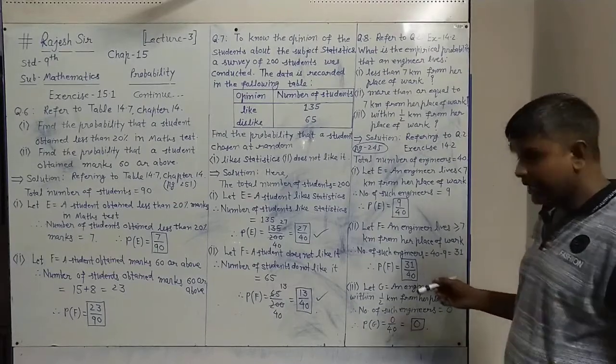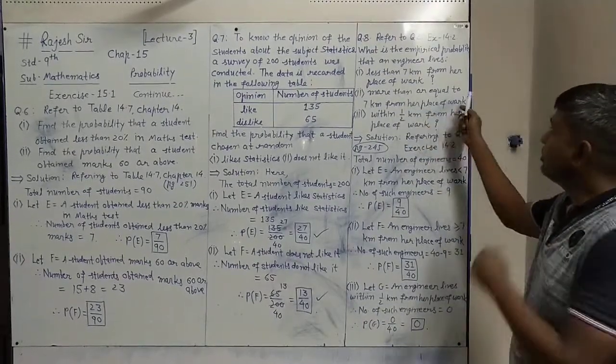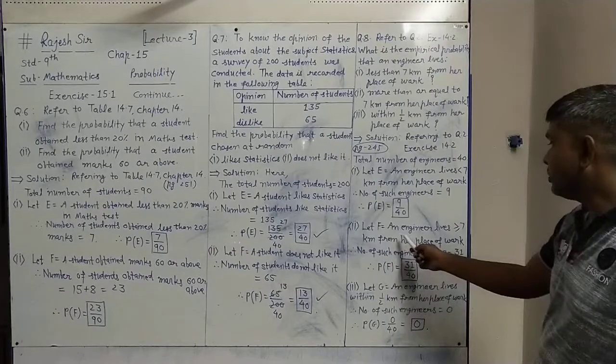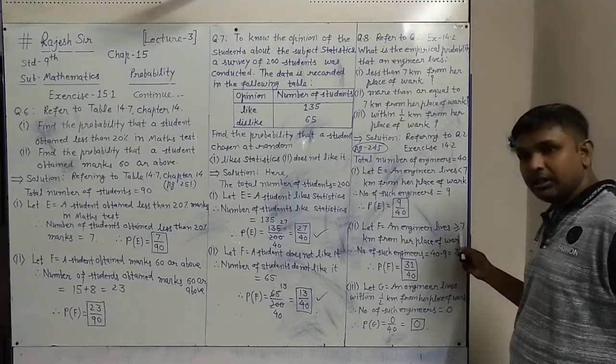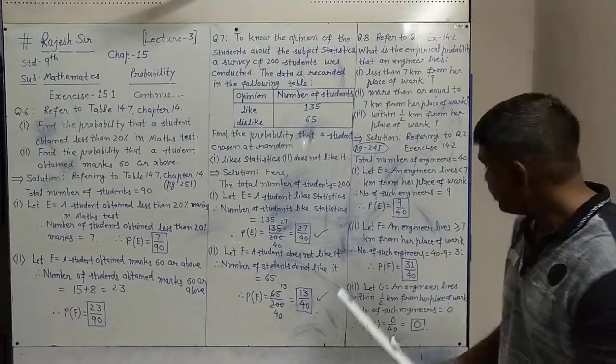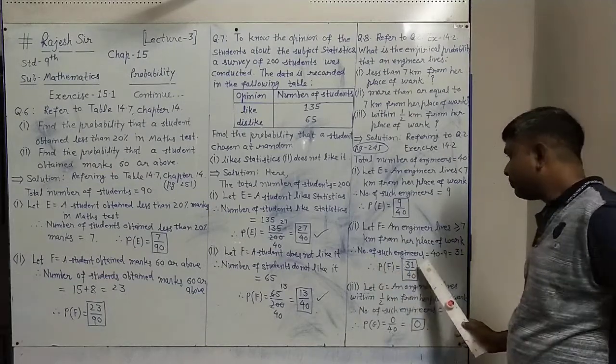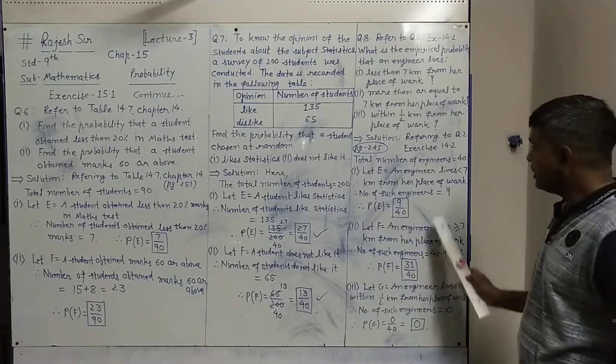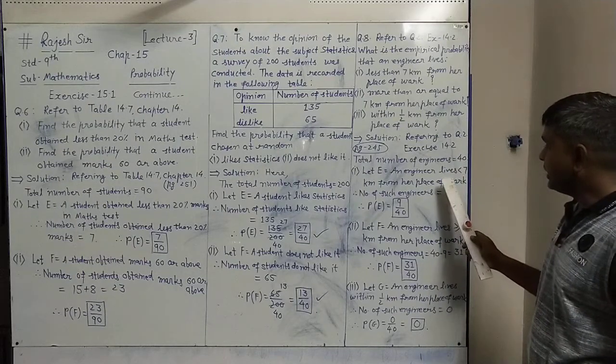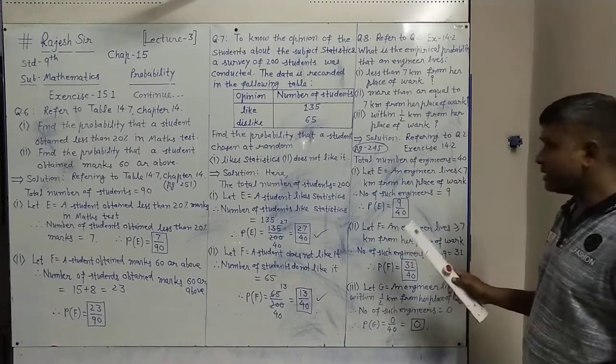Now the next question asks for more than or equal to 7 km. So let F equal an engineer lives more than or equal to 7 km from her place of work. The number of such engineers: total engineers are 40 and those living less than 7 km are 9.